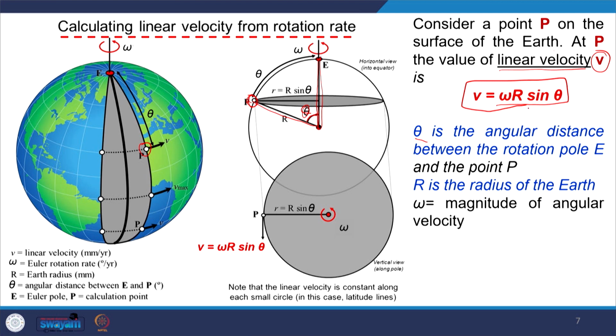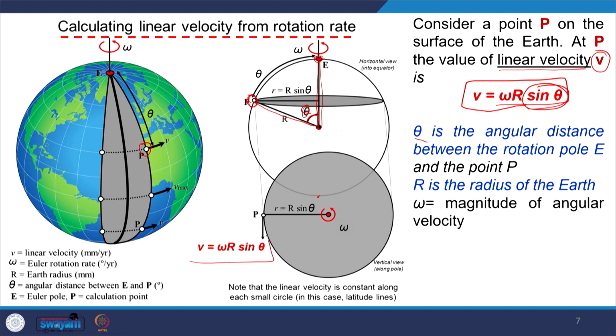Sin theta will be maximum at 90 degrees and 0 at the pole and at the other side of this pole. That means at the two poles theta will be 0, so the velocity will be 0, but it is maximum when theta equals 90 degrees.